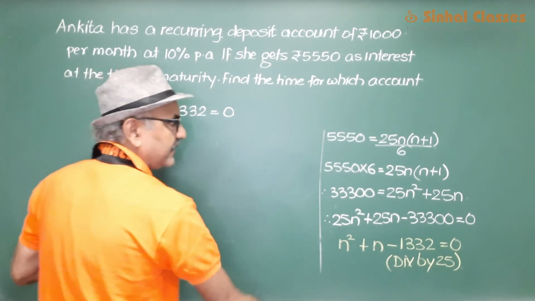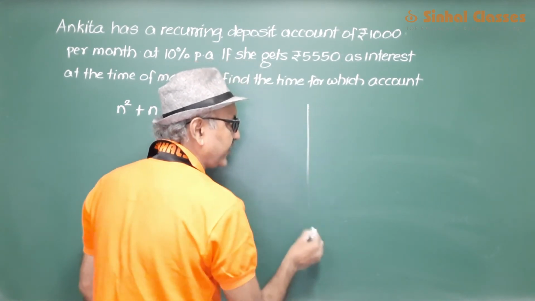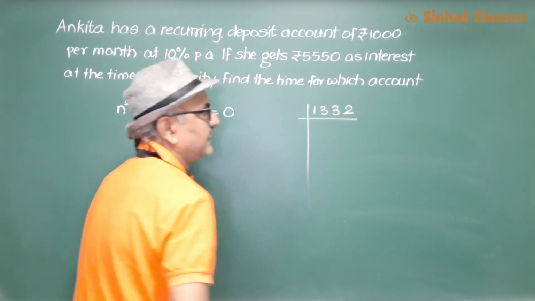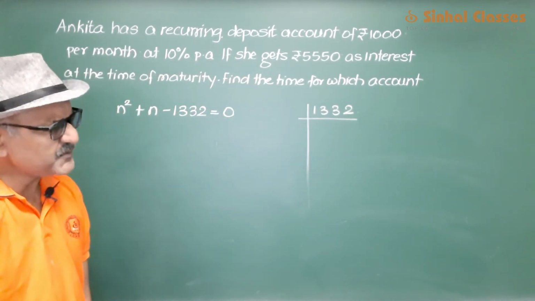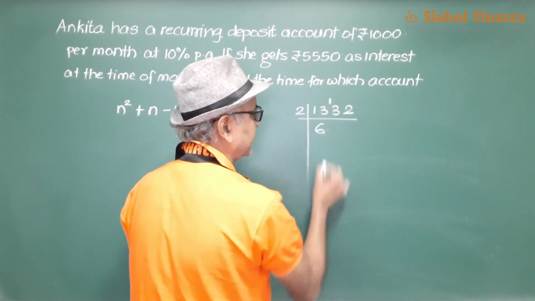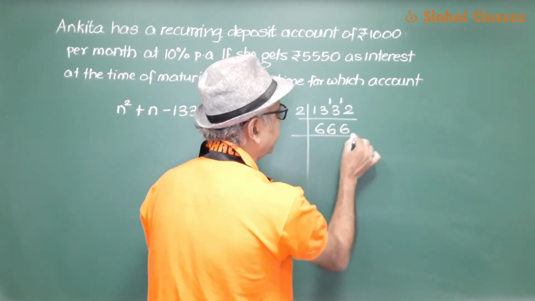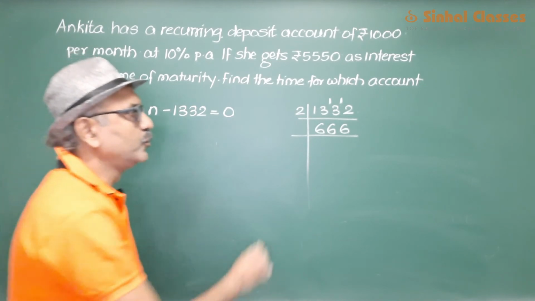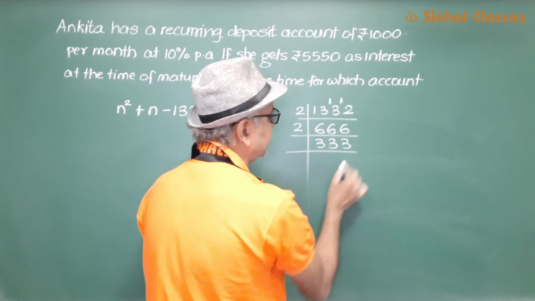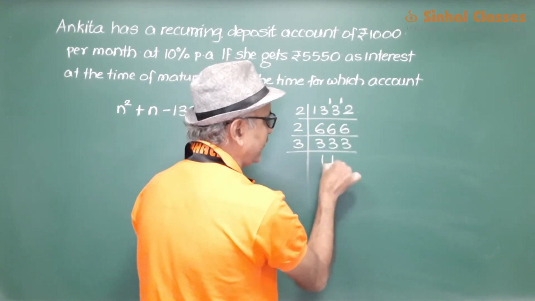So we will start the method of factorization. 1332: start dividing it by the smallest possible factor, 2. 2 6s are 12, 2 1s are 2, 2 3s are 6, 666 is 2 into 333. Now 333 cannot be divided by 2, divide by 3. 3 1 1 1.